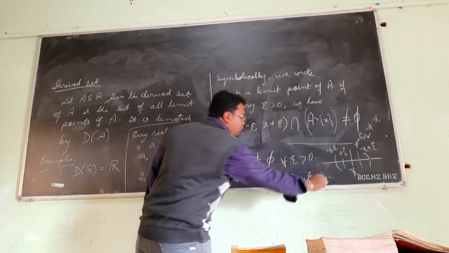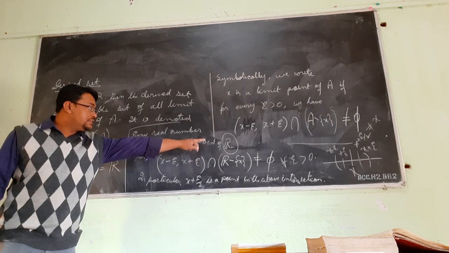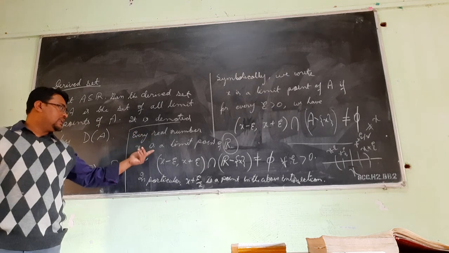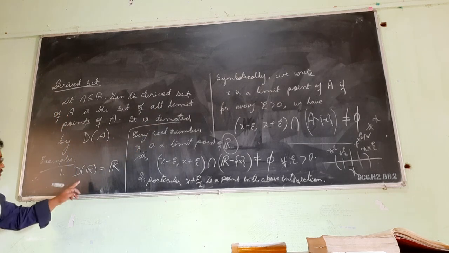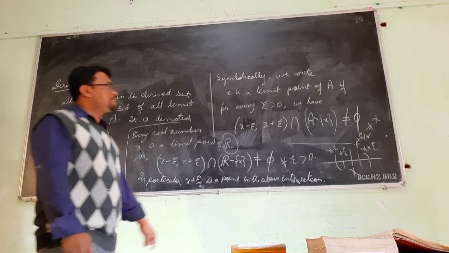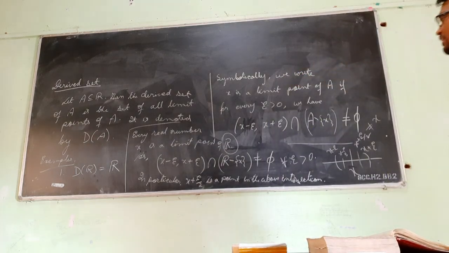It is sufficient to find at least one point which is different from x and lies inside this set. That means I have proved that every real number is a limit point of R. So that is why the derived set of R is R. Every real number is a limit point of R. Clear?